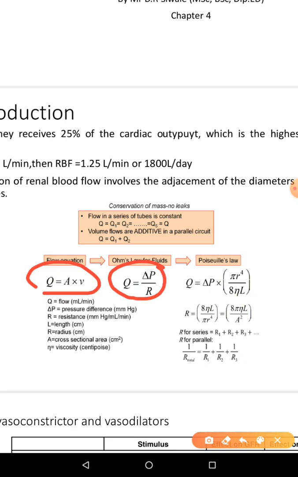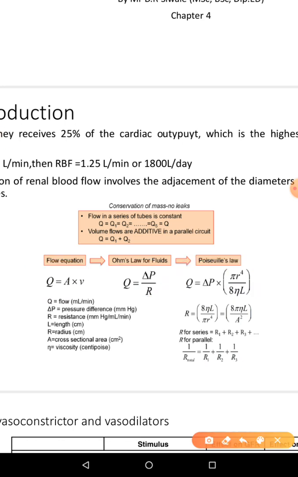Blood flow is equal to change in pressure over resistance. There's another equation here. Blood flow is equal to change in pressure multiplied by these values. Okay, this is called the Poiseuille law.